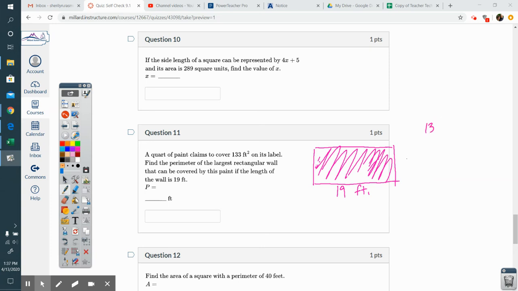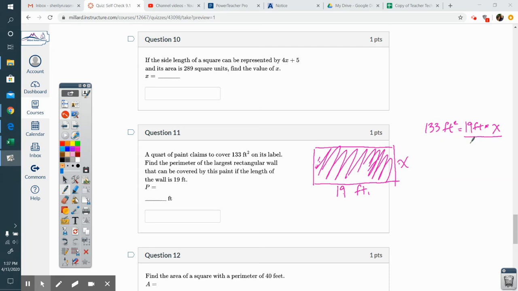Now, it's always length times width equals the area. So 133 feet squared equals 19 feet times x, we'll just say, and let me make that into a dot rather than an x, but x is the width that we don't know yet.